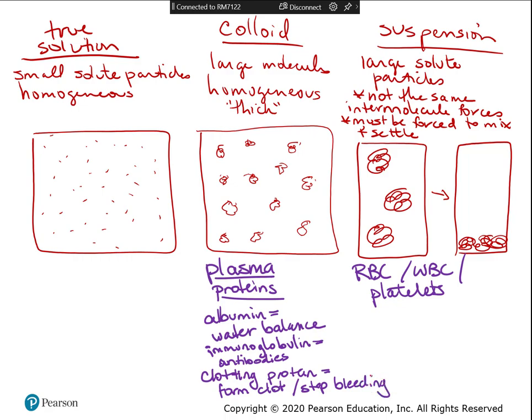So those are all examples of how blood is actually a colloid, but then blood's also a true solution. So in plasma, what kinds of things are dissolved? They're very small, they stay dissolved, they don't separate out.